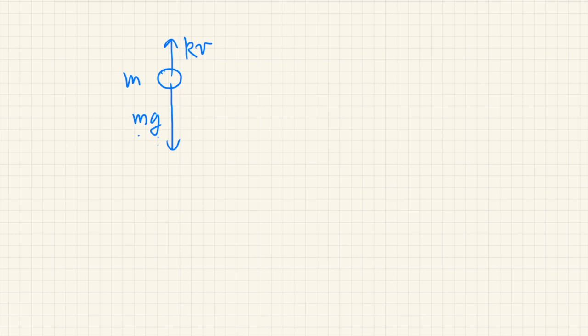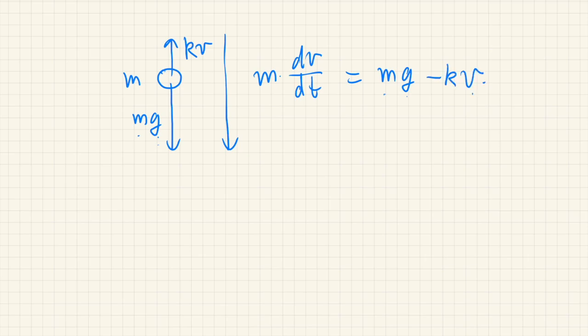So here, the equation of motion is given by m times acceleration, which is dv dt. So t is time, right? And we take the coordinate system in this direction. So the force is mg in the positive direction. And the air resistance is negative kv, where v is the velocity here.